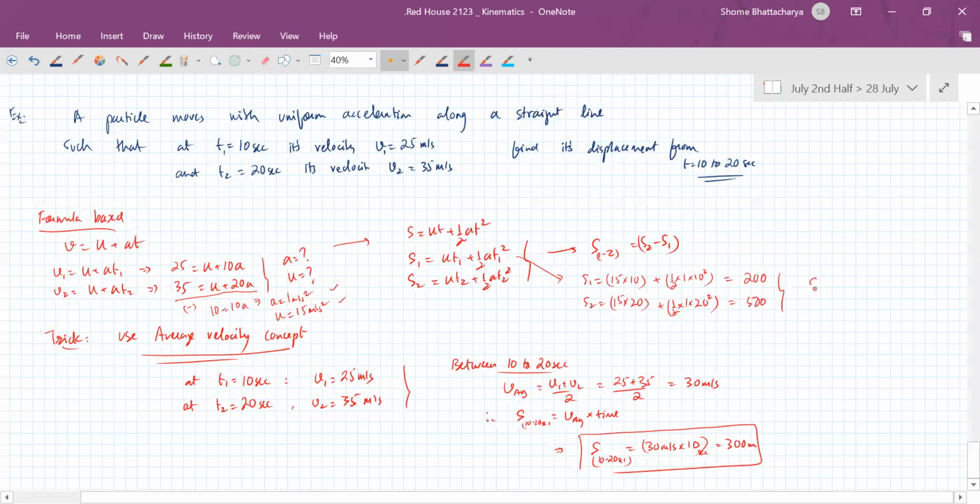Okay. So now you can see that the displacement from 10 to 20 seconds is going to be S2 minus S1. So it's 300 meters.